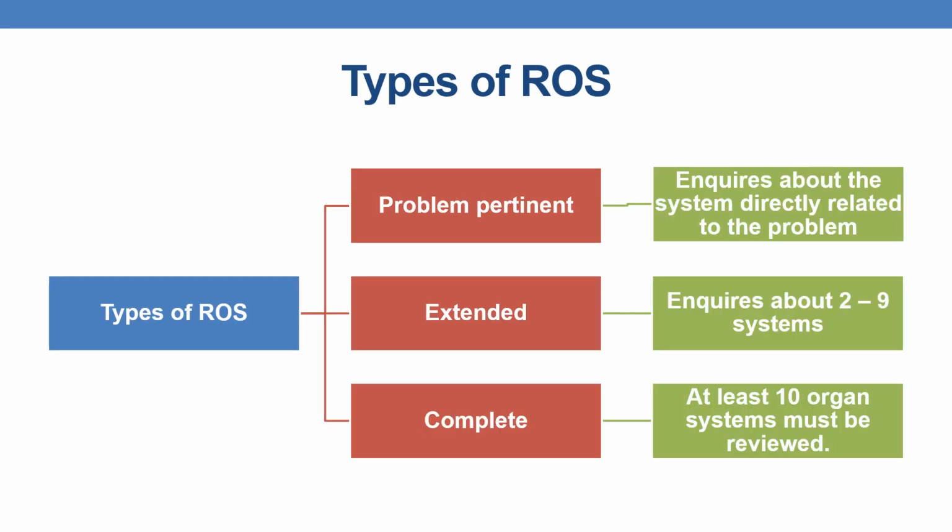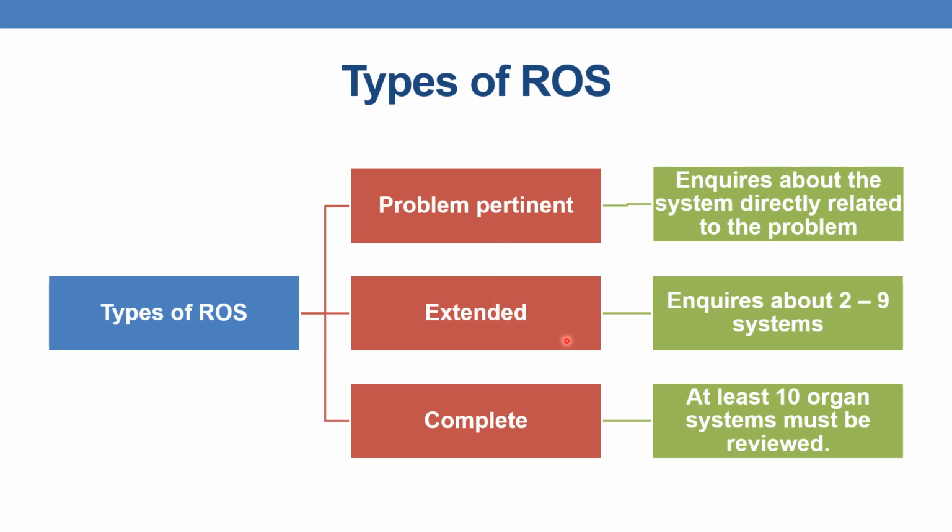Now coming to the types of ROS. ROS can be problem pertinent, extended, and complete. Problem pertinent should inquire about the system directly related to the problem. If the patient presents with migraine, the physician may inquire about the nervous system. So here the ROS is problem pertinent.